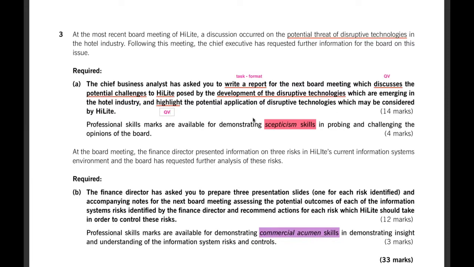That means how highlight can actually use this particular disruptive technology, which highlight is required to consider, may be able to consider.